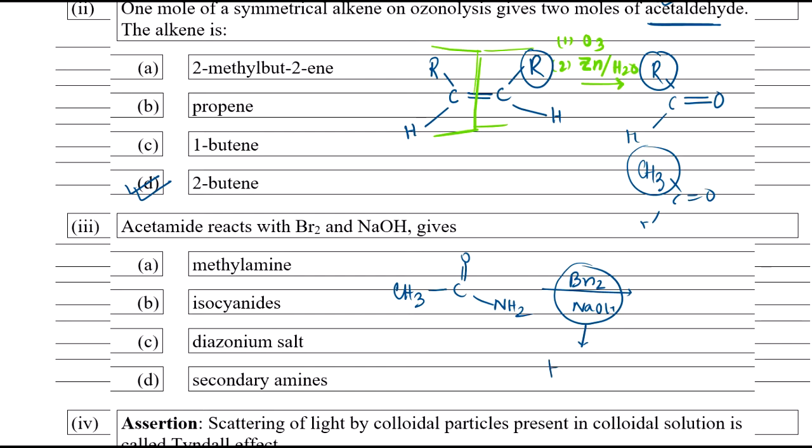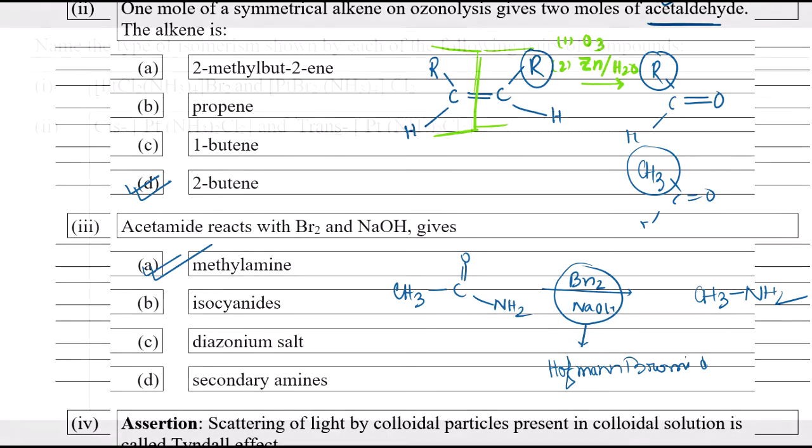If we go for Hofmann bromamide degradation, it will convert into primary amine CH3NH2. So here acetamide reacts with bromine NaOH and will give methylamine. So here option A will be the correct option.